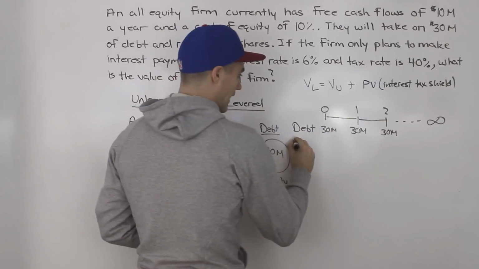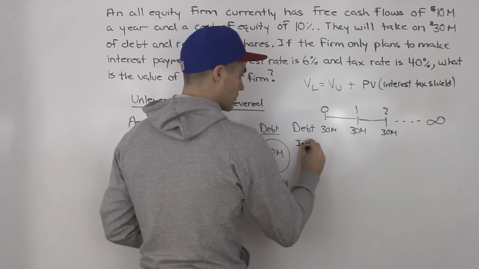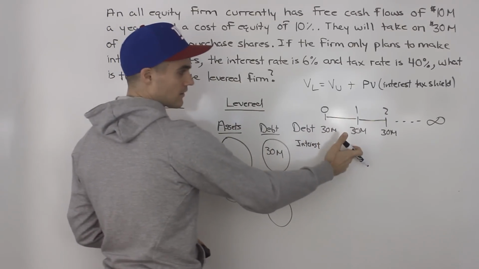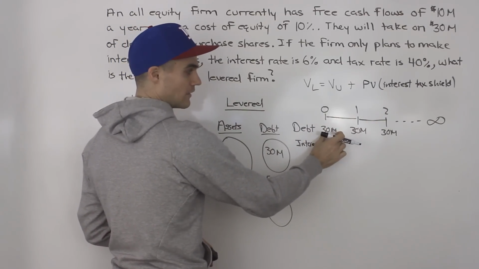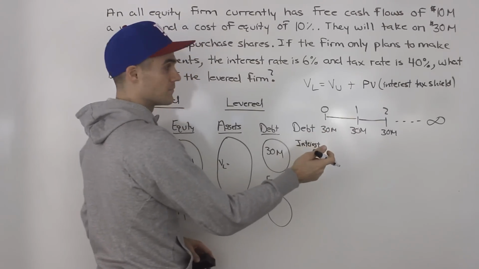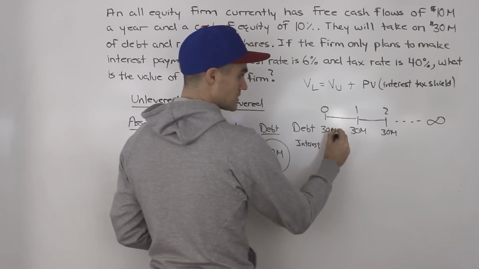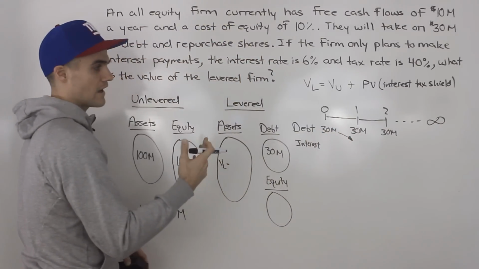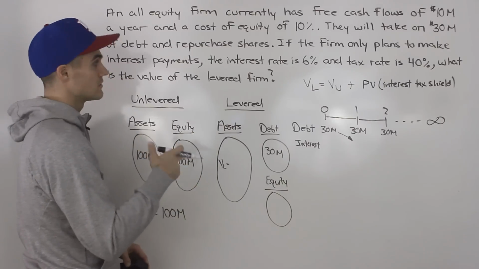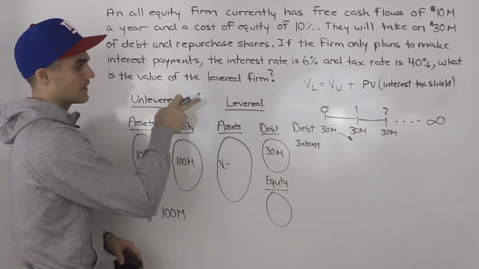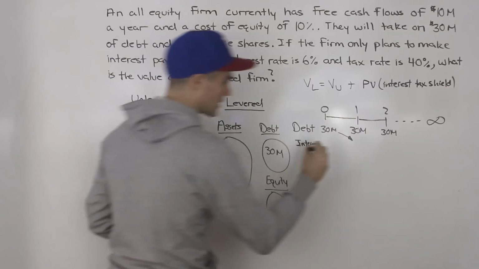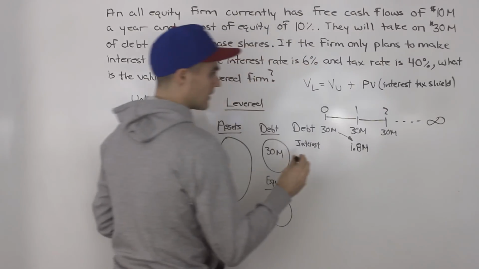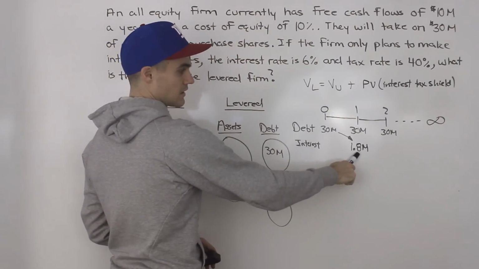Now, same thing as the previous example, the interest is always going to be paid at the end of the year, and it's going to be based on the value of the debt at the beginning of the year. So to find the interest, what we would do is take 30 million, the value of the debt at the beginning of the first year, multiply it by 6%, so 30 million times 6% gives us 1.8 million. That's going to be the interest in the first year.